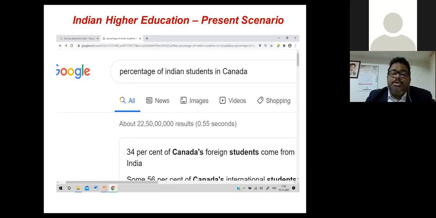Now students are going from India, and India is not in a position to attract foreign students. Foreign students earn a lot of revenue for the country, and it also improves our diversity. And the US is the country nicely making use of our brains. So it is a concern. We need to really think about why students are going abroad.